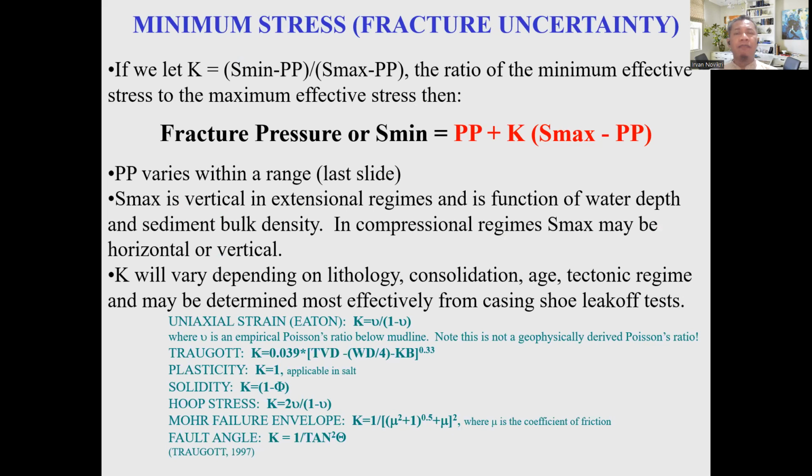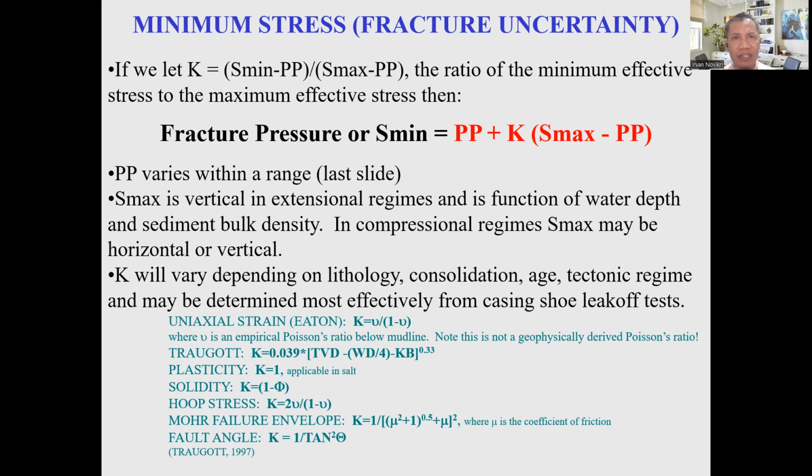The concept of minimum stress, also known as the fracture uncertainty, refers to the ratio of the minimum effective stress to the maximum effective stress. It is represented by the variable K, which can be calculated using the formula K equals S minimum minus pore pressure divided by S max minus pore pressure, where S minimum represents the fracture pressure or minimum stress.